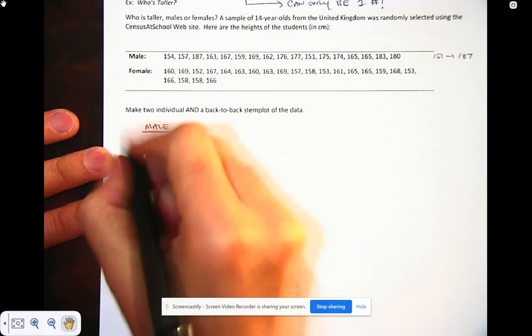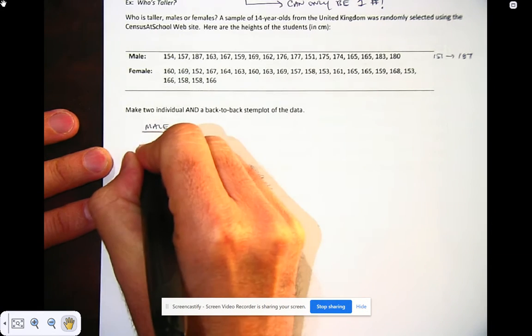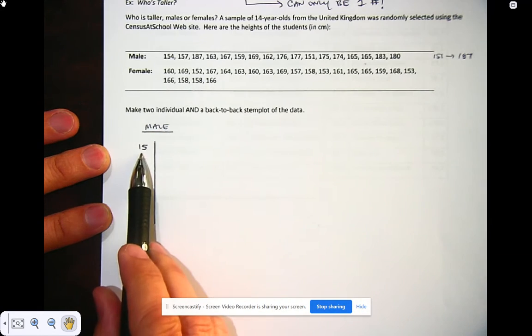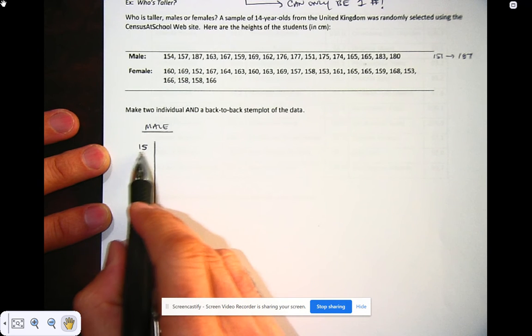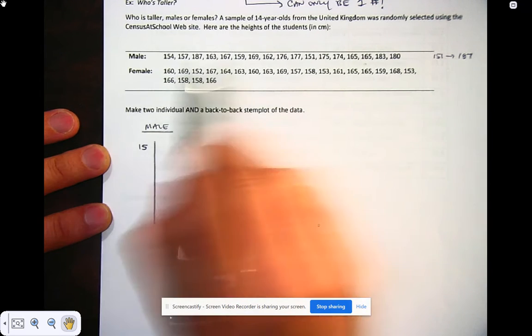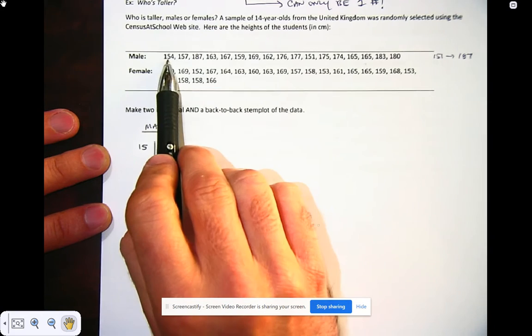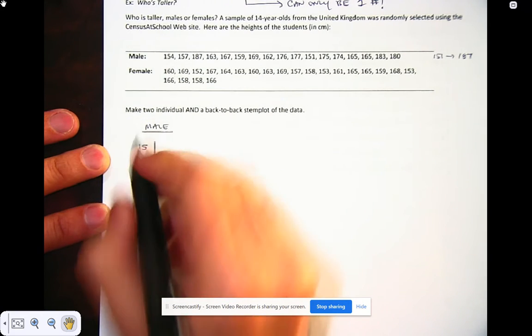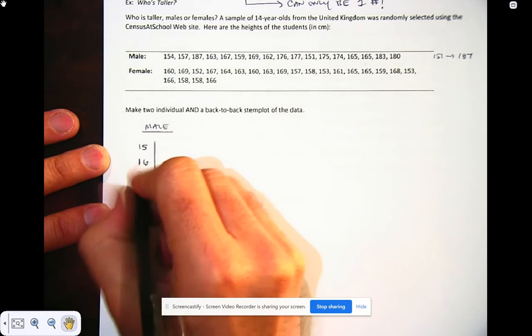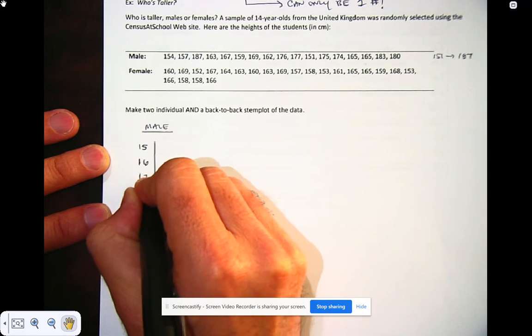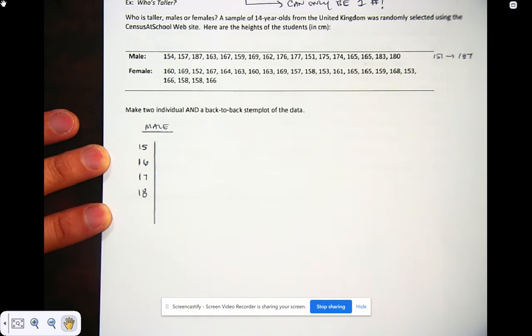We're going to start at 15. And when you do a stem and leaf plot, you can't leave any gaps. Remember, 15 is representative of all of these heights that start with 1, 5, so 150-something. Then we need to go in sequence: 16, 17, and 18. And those are what we call the stems.